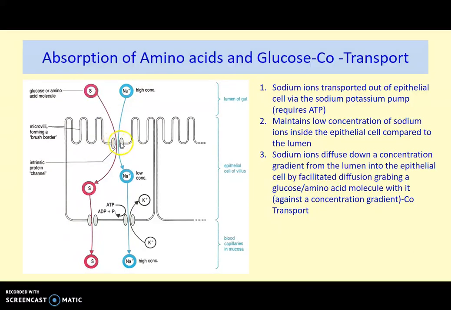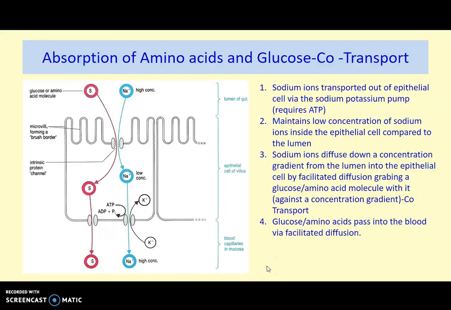Obviously there are different carrier proteins for these different molecules. So they will get co-transported into the epithelial cell. And then because we then increase the concentration of glucose or amino acids within the epithelial cell, they will then diffuse across into the bloodstream via facilitated diffusion.